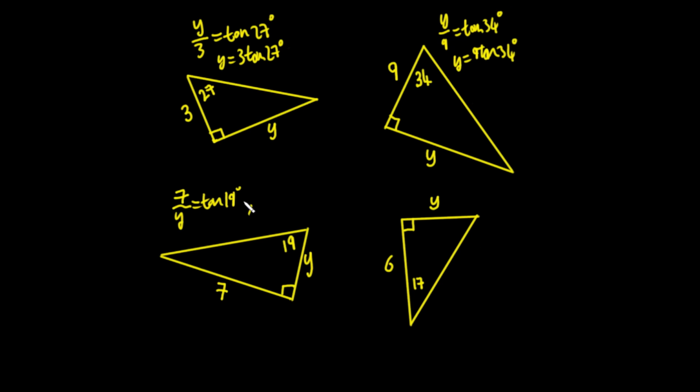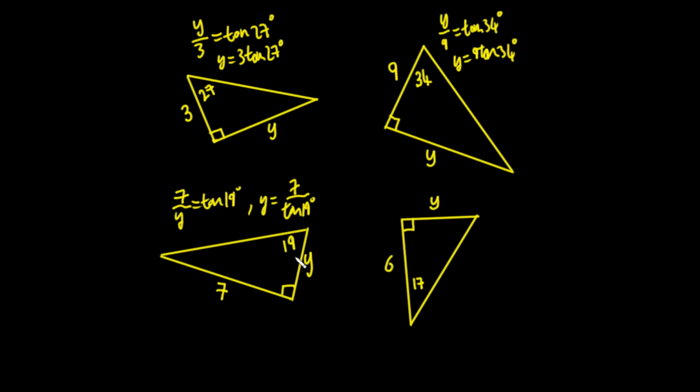Now this can be rewritten as y is equal to 7 divided by the tan of 19 degrees. So if you put in your calculator 7 divided by tan 19, then you'll get this length y.